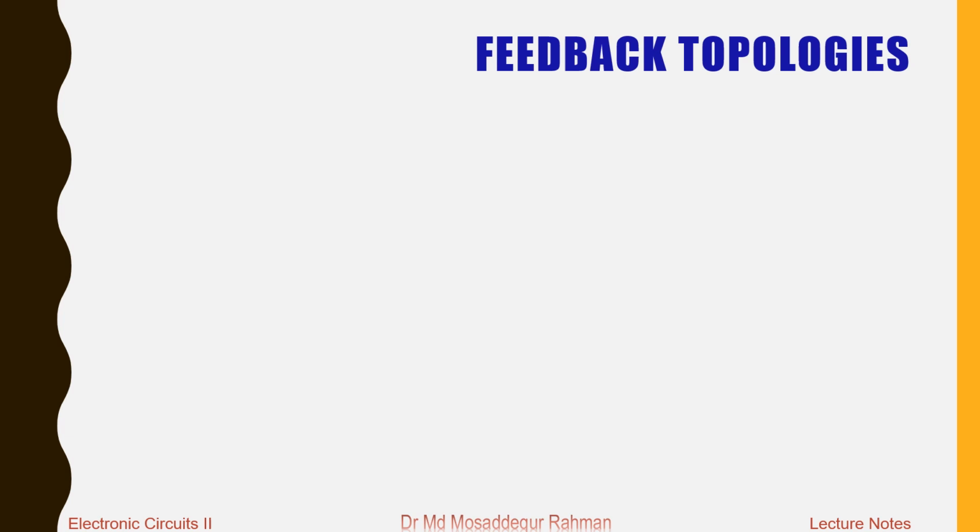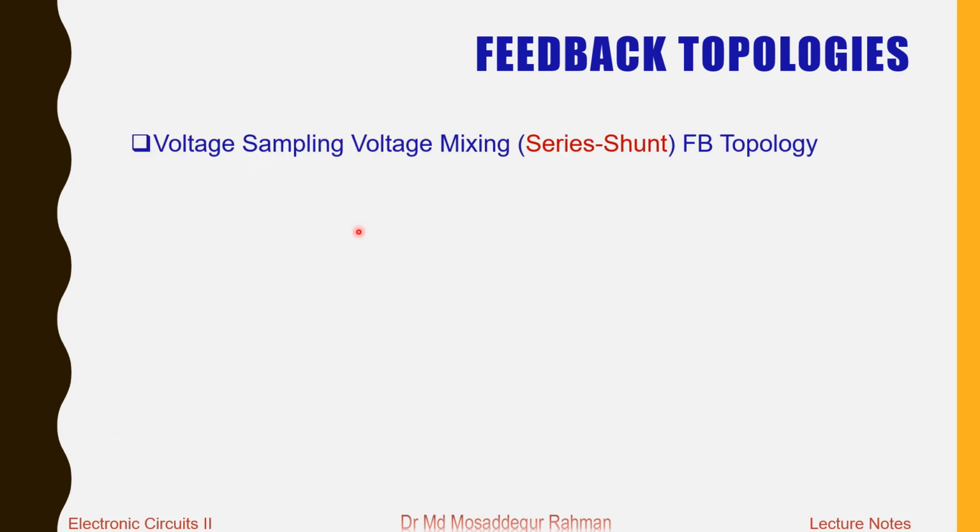First, to refresh our memory, we'll review the names of the different feedback topologies that we have already discussed in some detail in part 1. The first feedback topology that was introduced is the voltage sampling, voltage mixing, series shunt feedback topology.